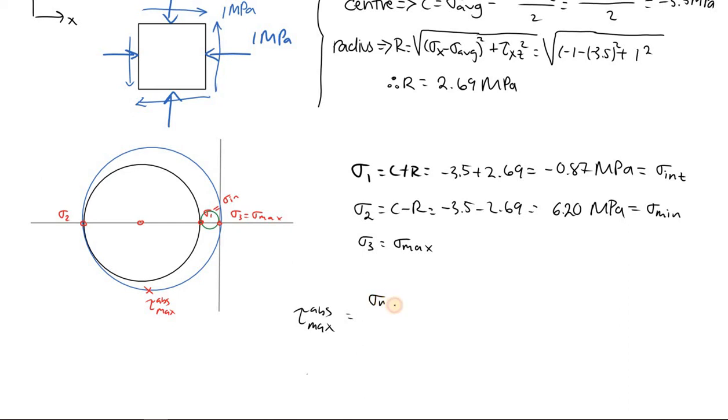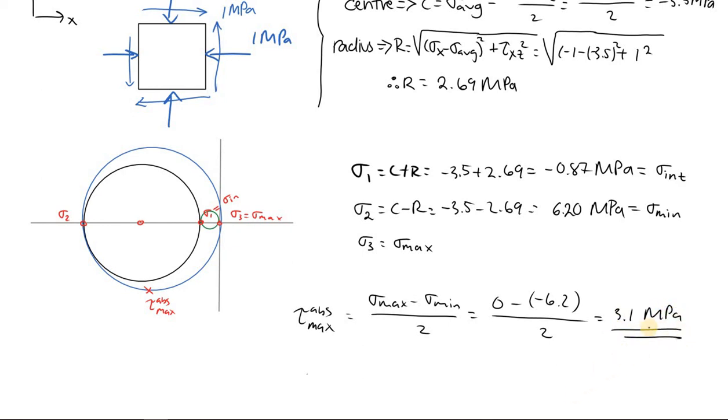But again, max minus min divided by 2, and in this case our maximum is then 0 minus 6.2 divided by 2, which is 3.1 megapascals. So just again, either you can just apply the formula or use the graphical interpretation in here.